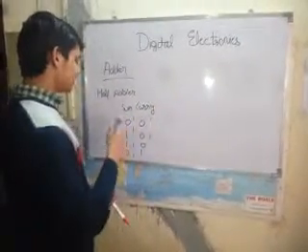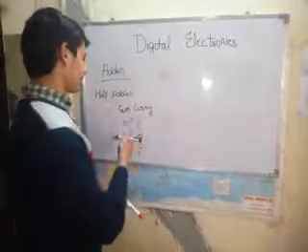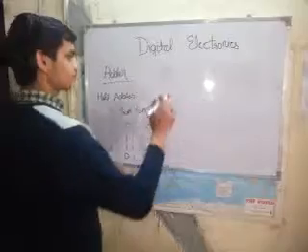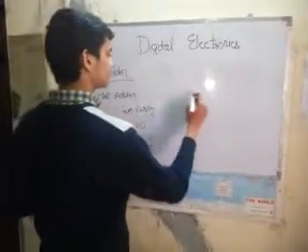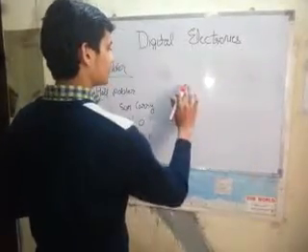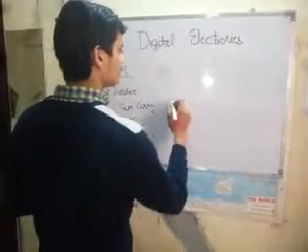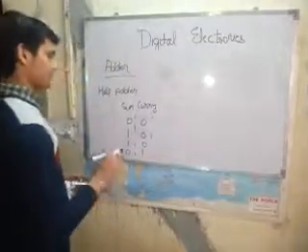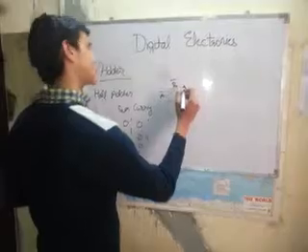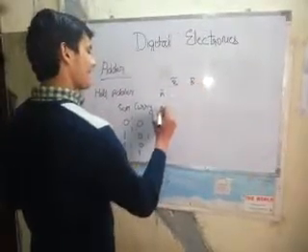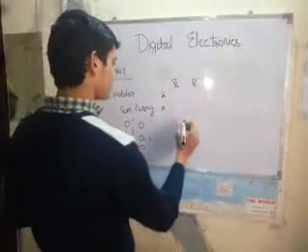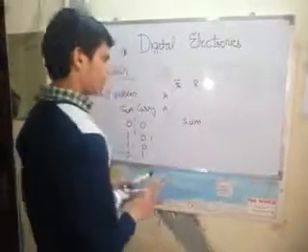Let us make a truth table for that, and from that we will make a K-map. Now first of all for sum, and this would be for carry.